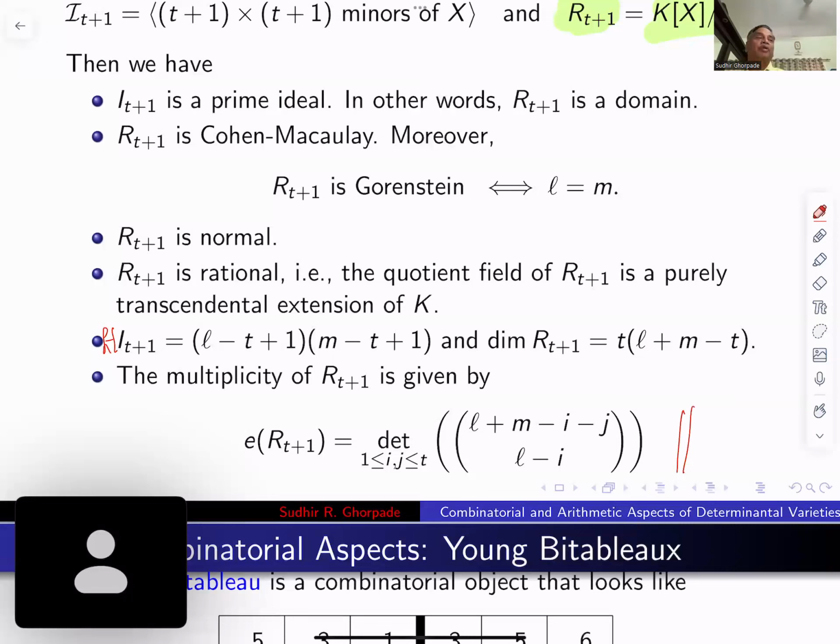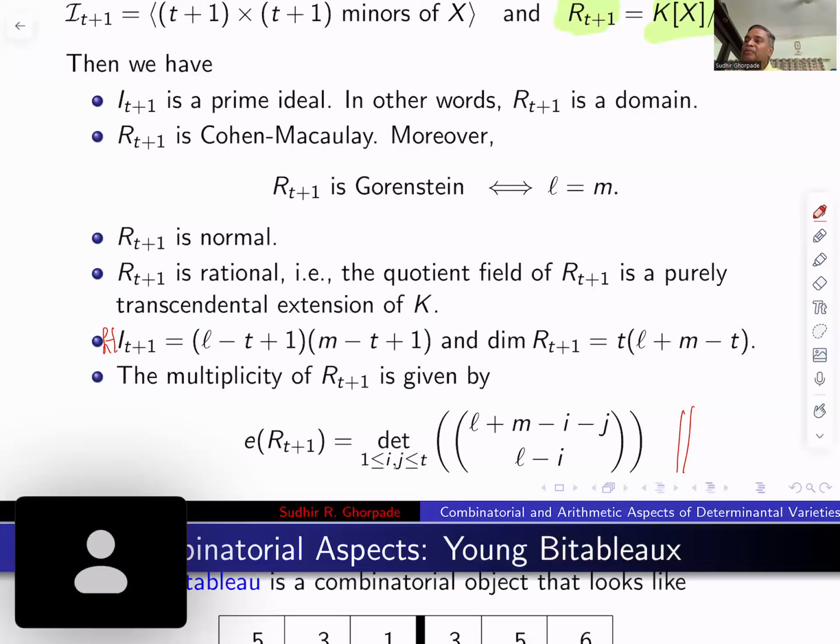And when you have a multiplicity, a natural question to ask more generally is, this is a homogeneous ideal, I_{T+1}. So do I know explicitly the Hilbert function? And that brings me to a connection with combinatorics, which has been well known for quite some time.